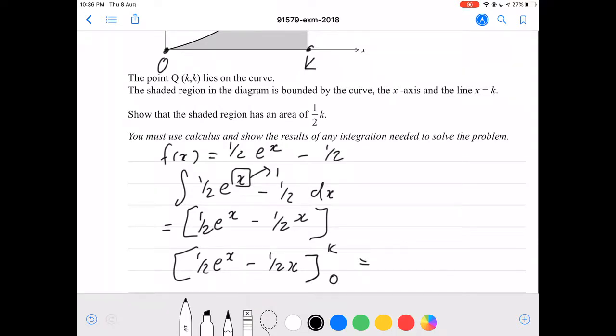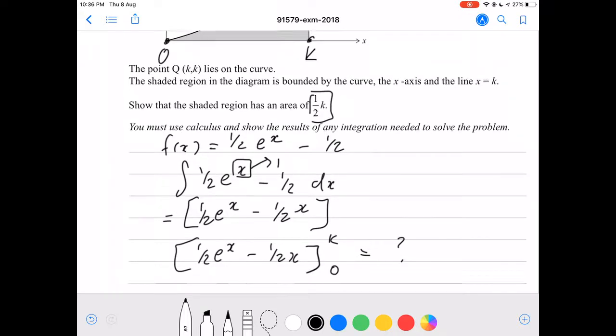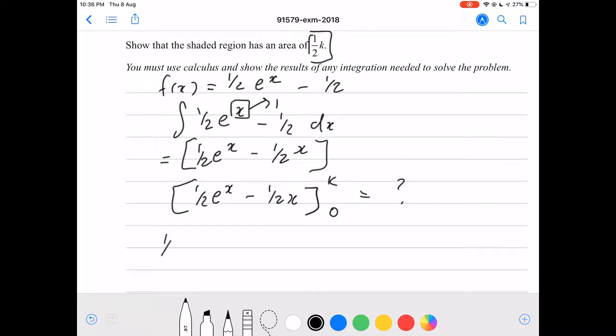It should come out to be 1/2 of k, but we need to prove that. So 1/2 of e to the power of k minus 1/2 of k, minus 1/2 of e to the power of 0 minus 0.